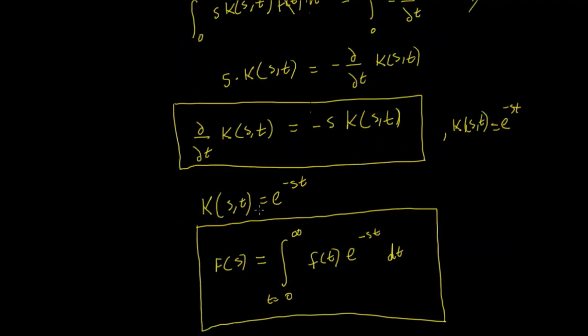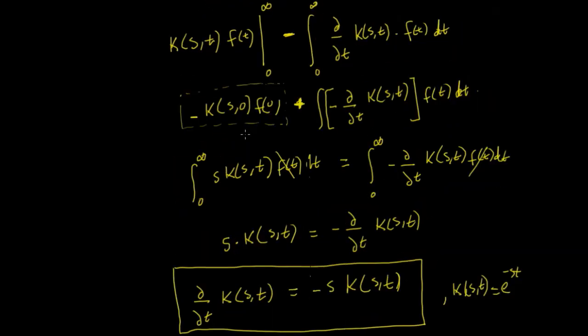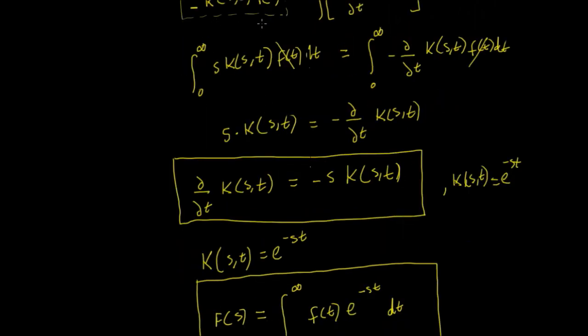Okay. One other thing I meant to cover as well, this part here that we left out, the k of s at 0 for f of 0, well, that's just going to be our value f of 0. Okay, so it's going to be minus f of 0.